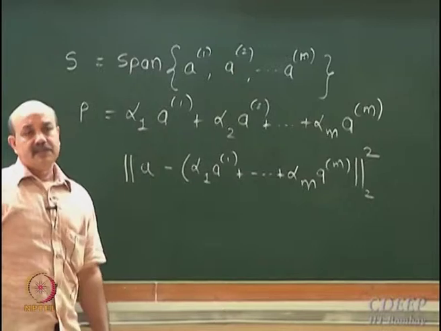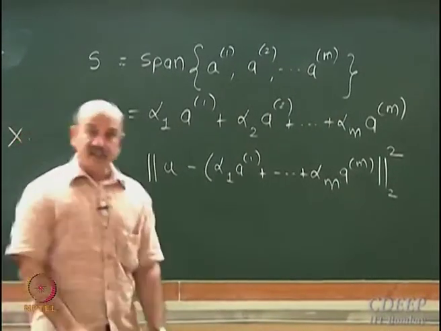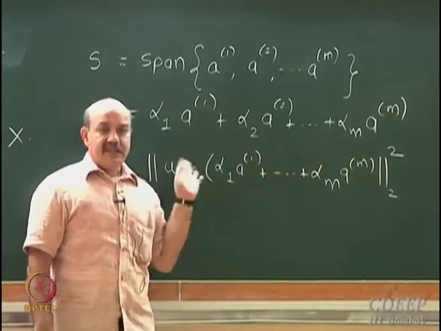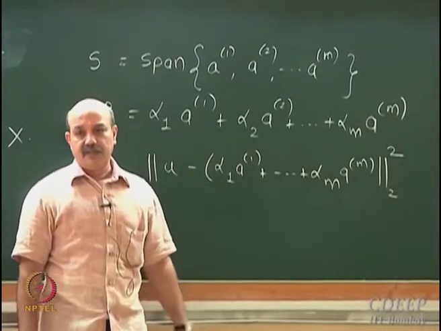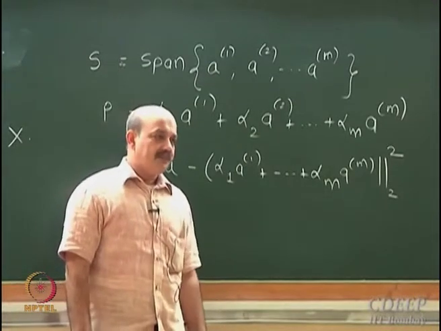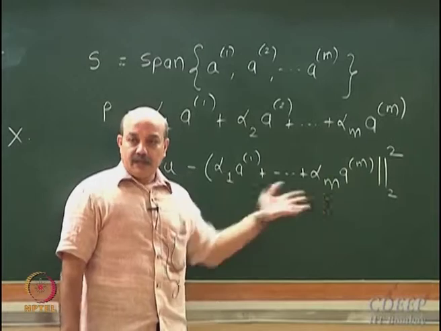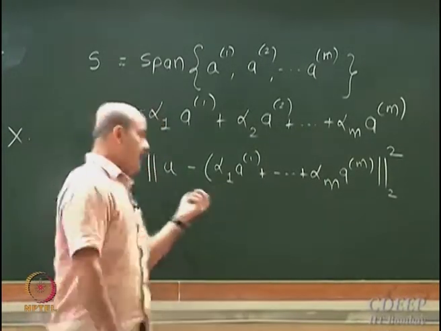I want to minimize the sum of the square of errors when it is finite dimensional. I want to minimize the integral over the domain if it is an infinite dimensional space. This is 2 norm square, that means inner product of this vector with itself. This is the error vector.